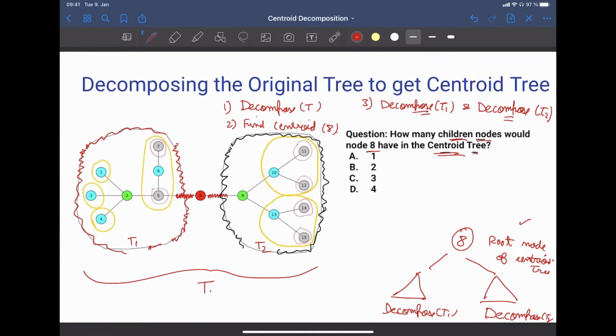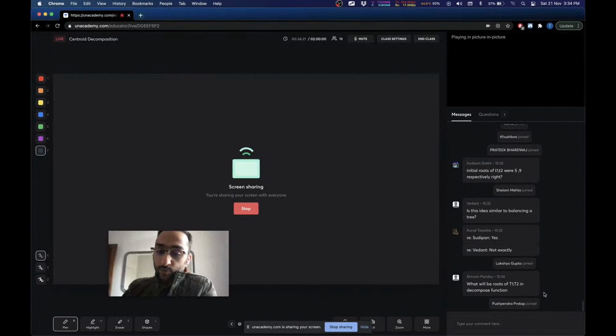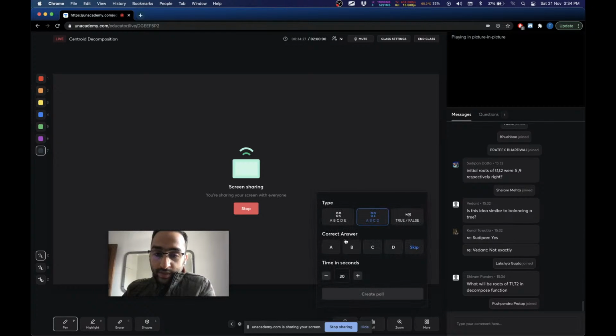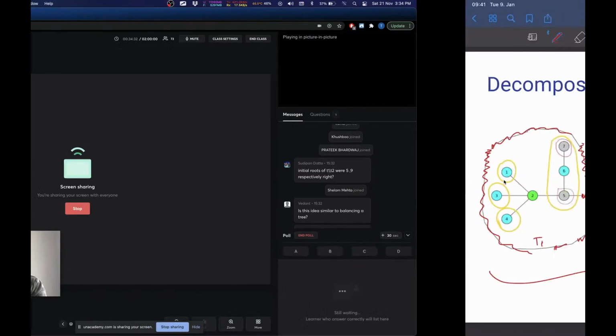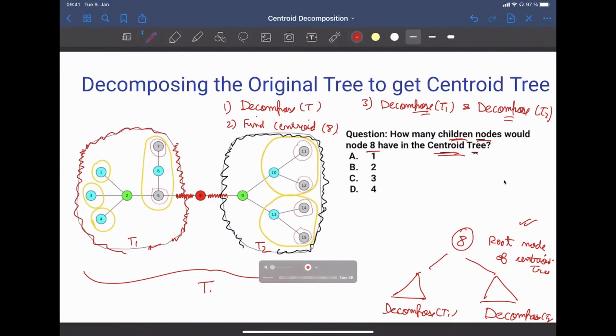This is the picture of the centroid tree which I'm showing you. I'll quickly create a poll, and then maybe I'll take a small break to answer the questions which are currently in the chat box. So the poll is: how many children nodes would node 8 have in the centroid tree? Again I'm repeating: the first step is we call decompose on the whole tree. It finds the centroid, which is node 8, and makes it the root of the centroid tree.